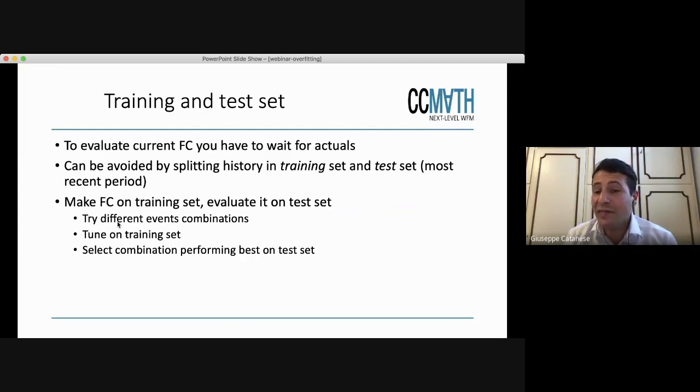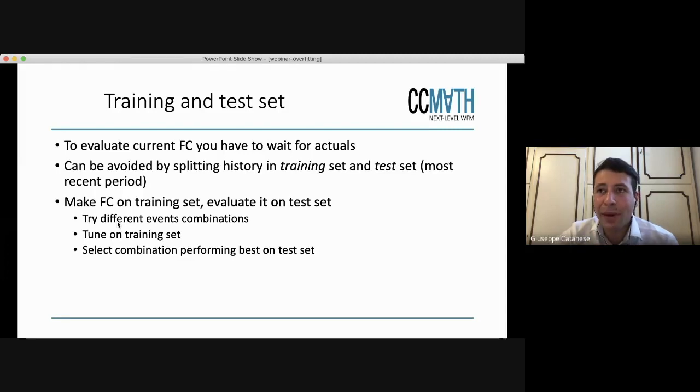Since you already have some data, you can split it between training set and test set. So you can make a forecast on the training set and evaluate it on the test set. By making a forecast, I mean to estimate a model on the training set and then evaluate the performance of this model on the test set.